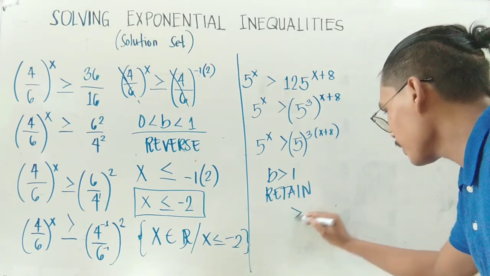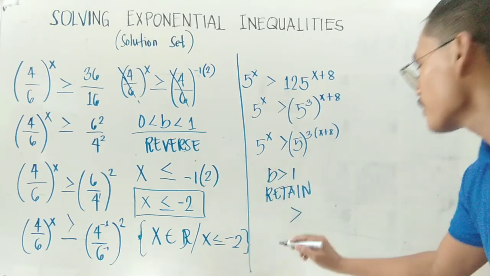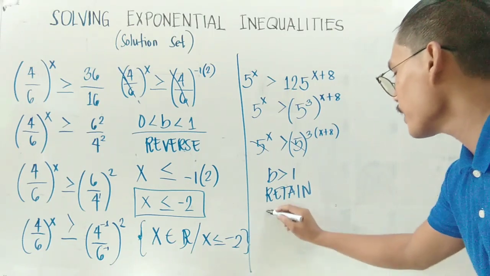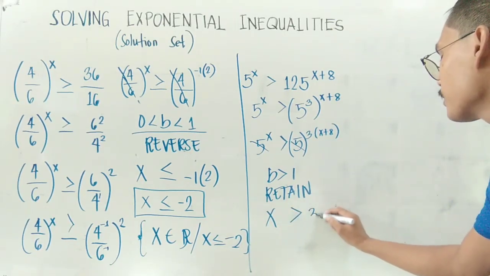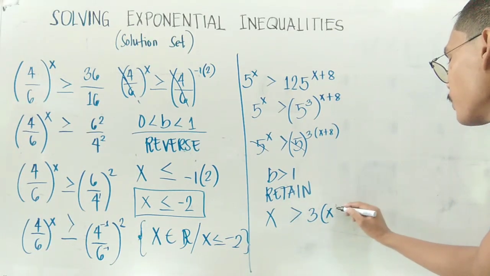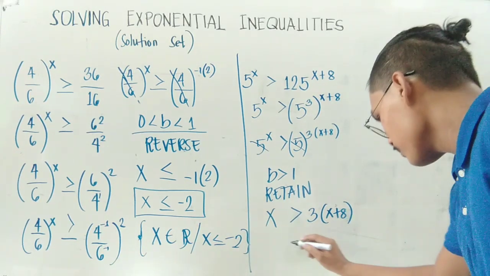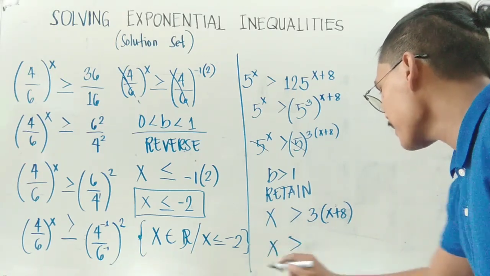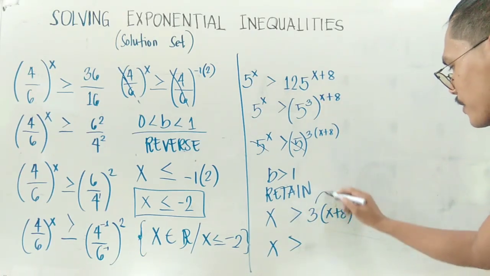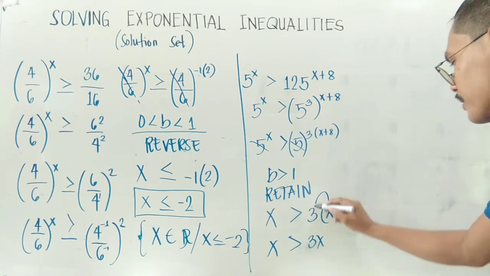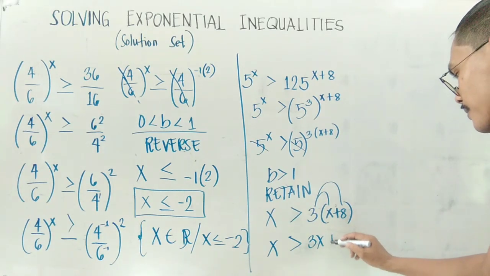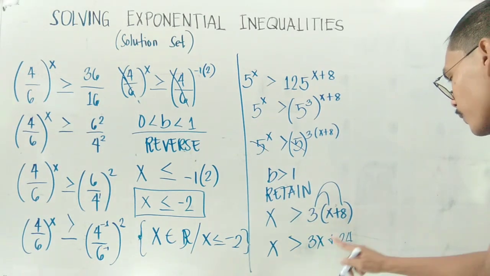Okay? Symbol is retained. So copy the exponents. We have x, then 3 times the quantity x plus 8. Are we clear? Then we have x. 3 times x is 3x. 3 times 8 is 24.